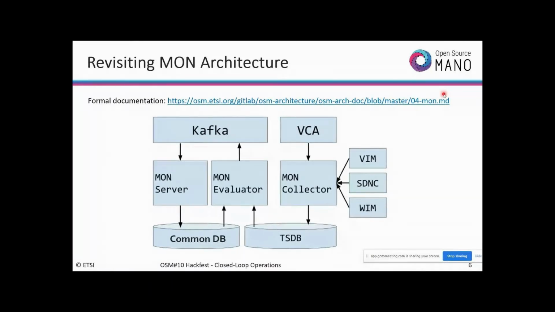But if it is alerting, it has to go out of OSM, and then a webhook has to be called. This webhook will be some location in the external OSS of the service provider, or it can be some alarm system that is external to OSM.